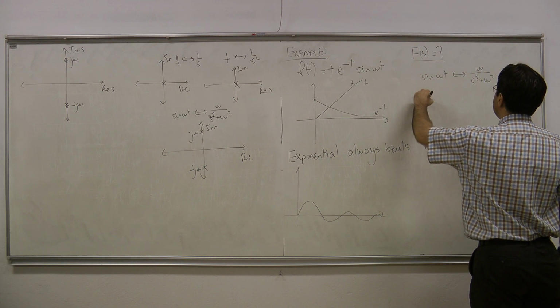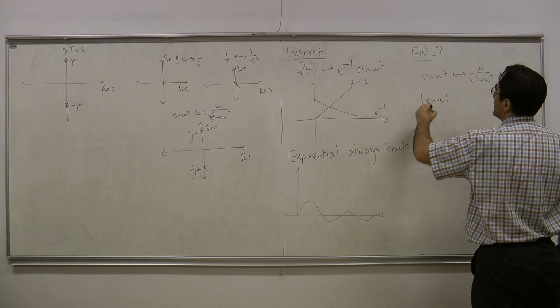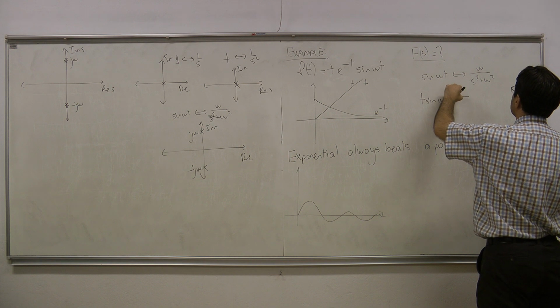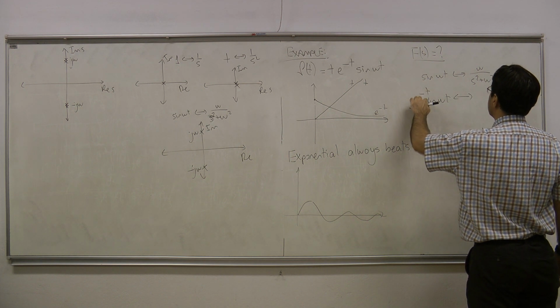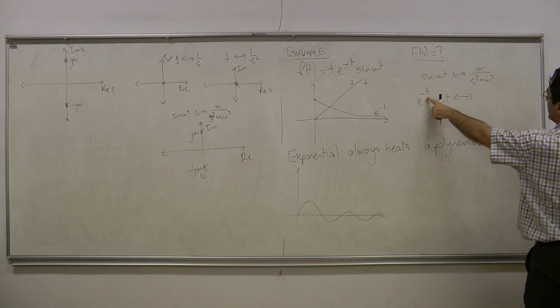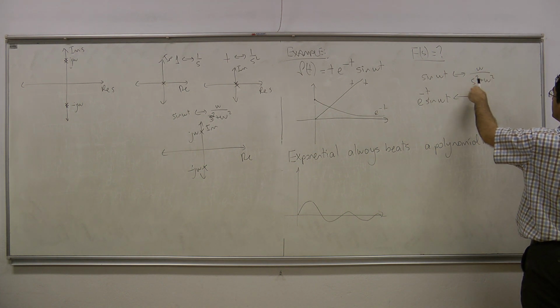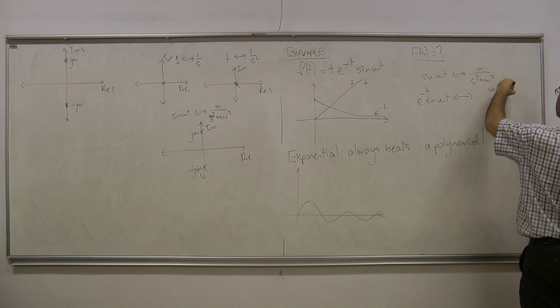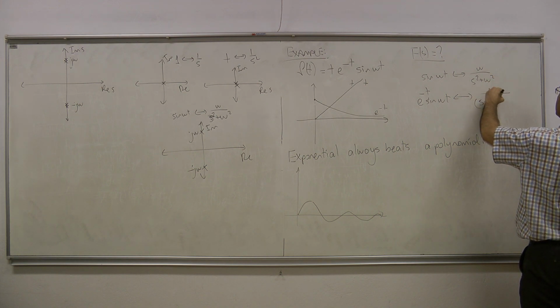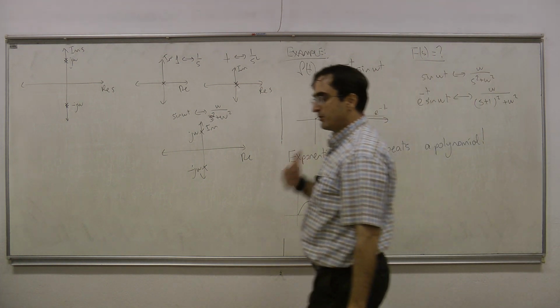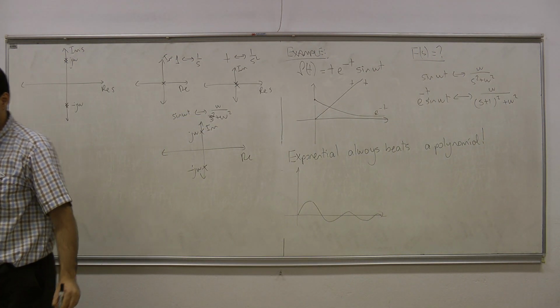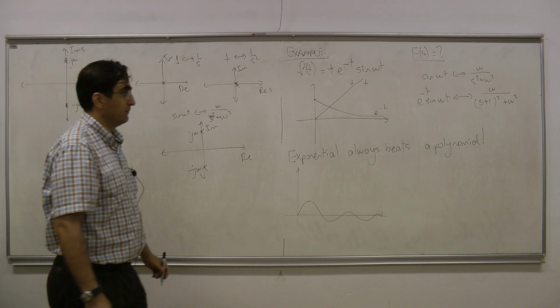And instead of sine omega t, I will write e to the minus t sine omega t. So this is going to be s plus 1 substituted instead of s here. So I have omega over s plus 1 squared plus omega squared. It is coming from the earlier property with the multiplication with the exponential.